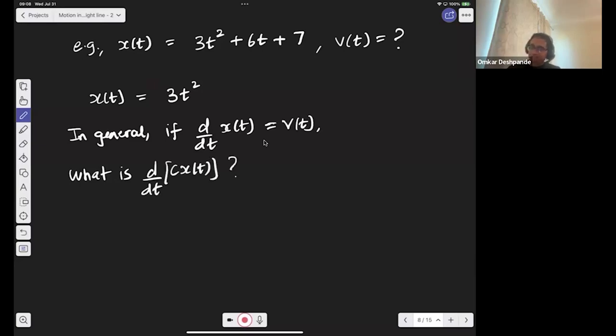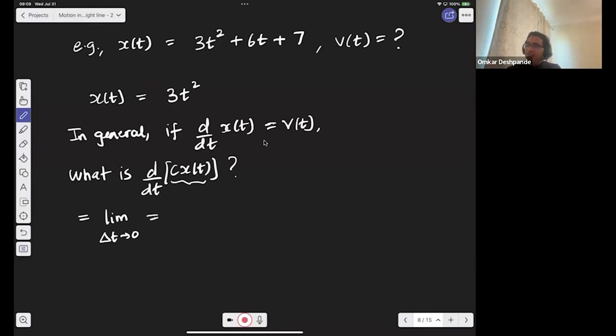How do derivatives change when I multiply the original function by a constant? Well, we can fall back to the limit definition to get the answer. So the derivative of c times x of t, think of c times x of t as a new function now.